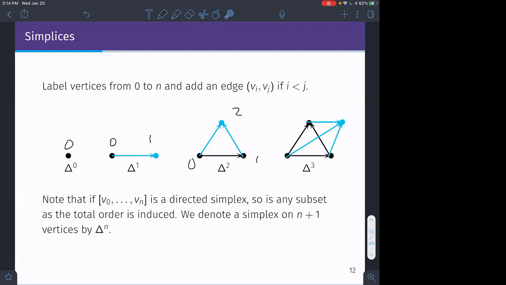So if I were to kill this vertex and I have this edge, this is still a directed simplex. If I kill this vertex, then I still have this triangle, which is also a directed simplex. So that's an important property to have, especially when we talk about complexes where I want to be covered by inclusions.